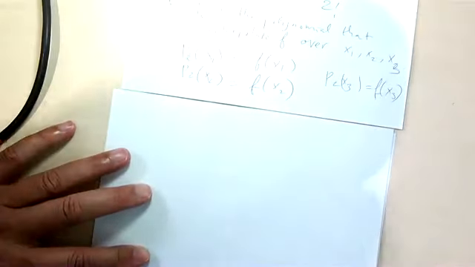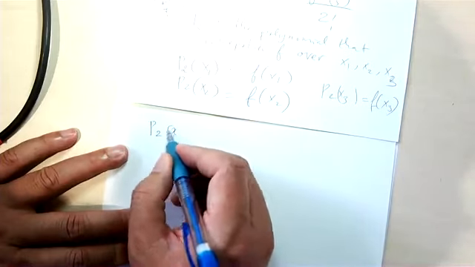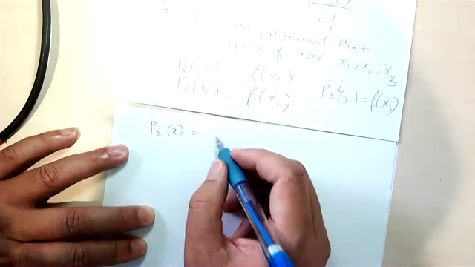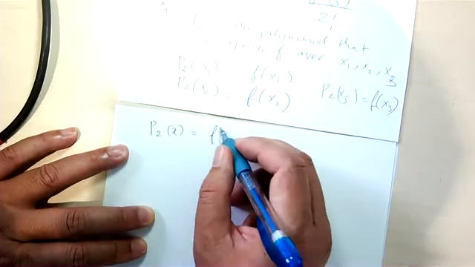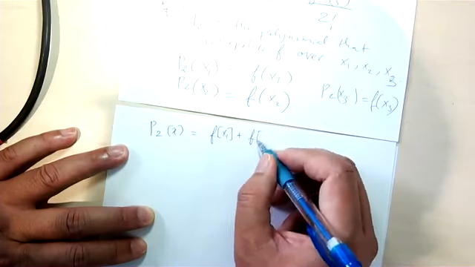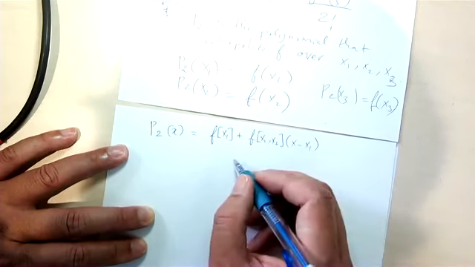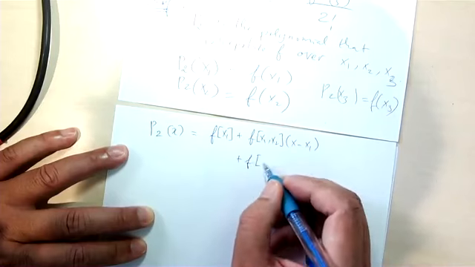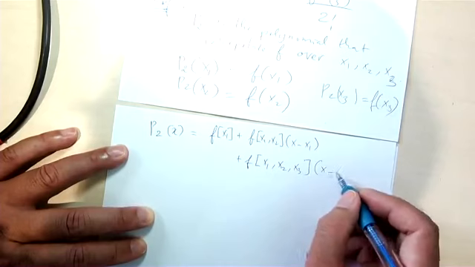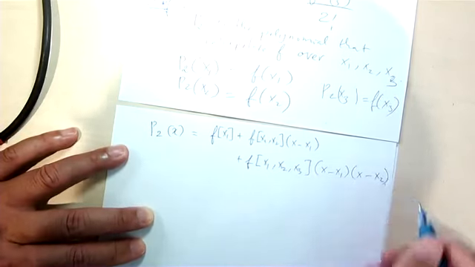If you remember the Newton form, I can write P2 as f(x1) plus f[x1, x2] times (x minus x1), plus the divided difference f[x1, x2, x3] times (x minus x1)(x minus x2), right?